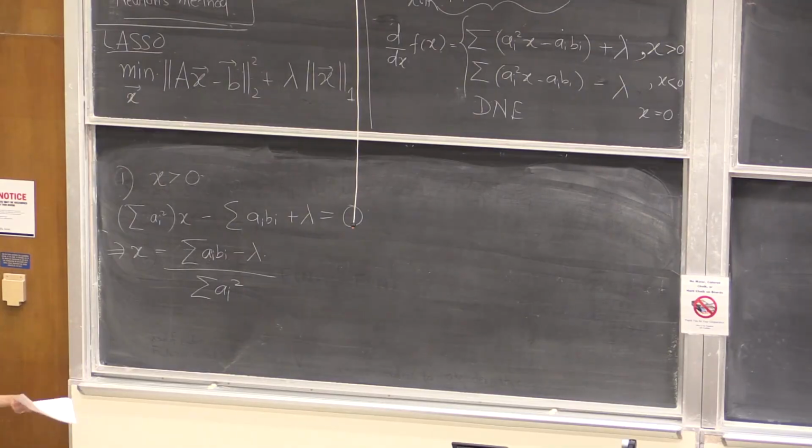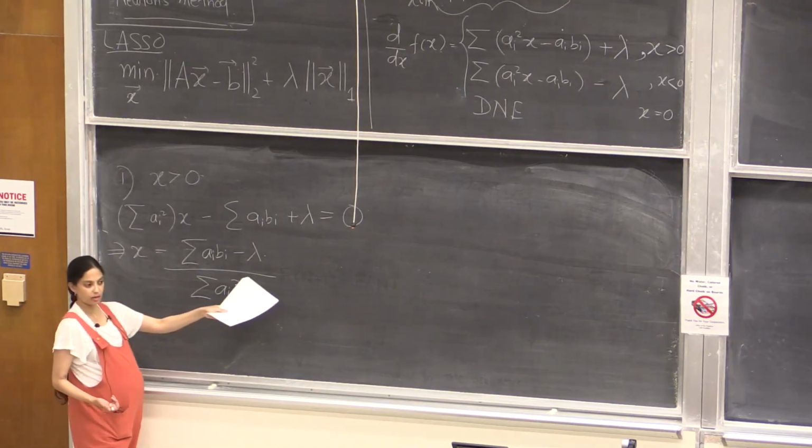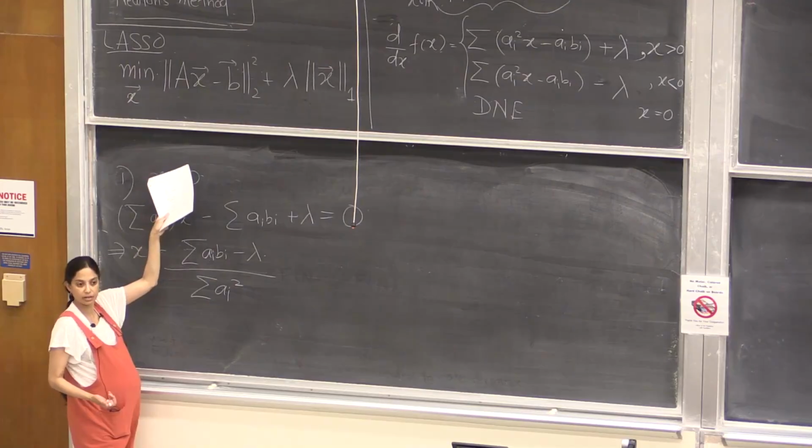And now I have received a value for x. How do I ensure that what I have done is still valid? I have to check that this whole thing is actually positive. I have to check that my assumption was valid.